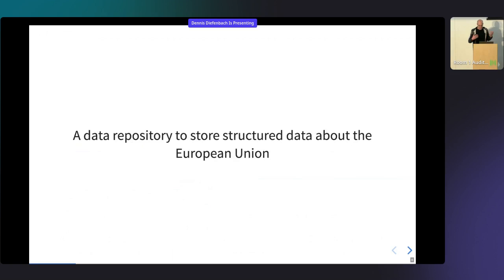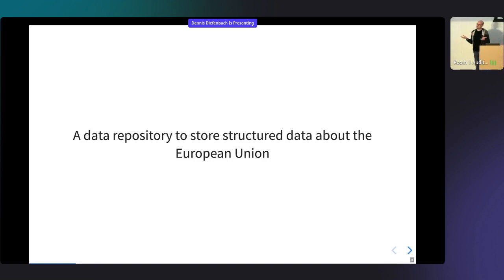In a few sentences, the EU Knowledge Graph is a data repository to store structured data about the European Union. And imagine, the European Union is a really big institution. There are millions of citizens living in this region. And if you think what you need to model about it, there are many, many things. There are countries, regions, people, projects, beneficiaries.